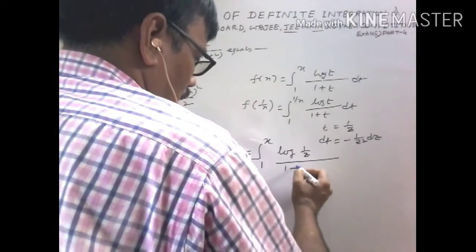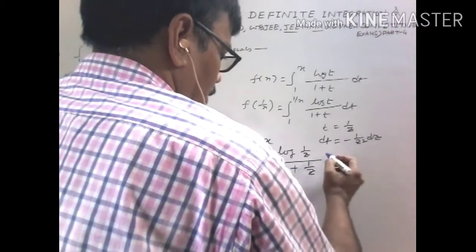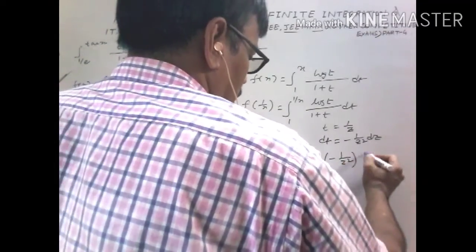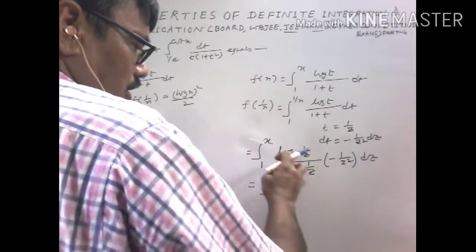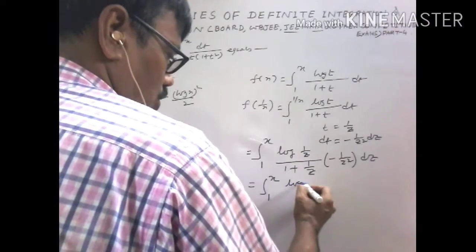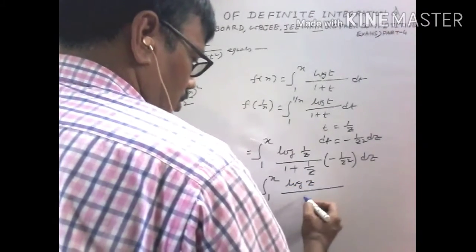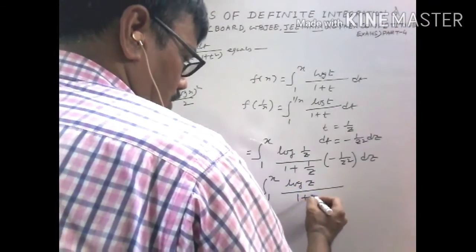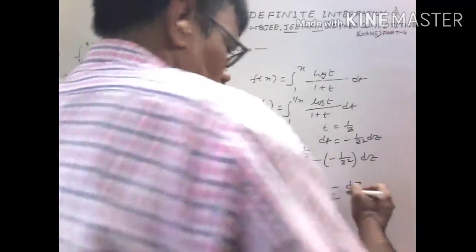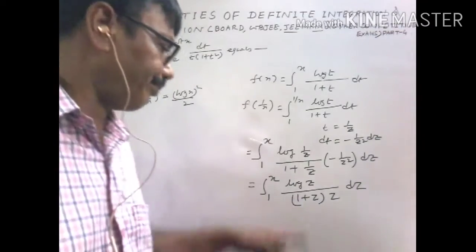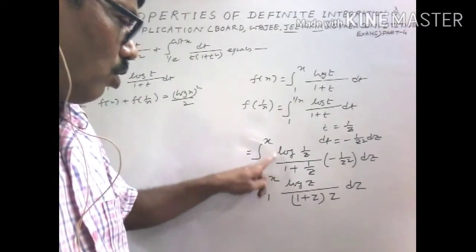Log 1 by z, 1 plus 1 by z, and this is minus 1 by z square dz. Now this is 1 to x. This is log 1 minus log z. Log 1 is 0, and 1 plus z into z dz. Omitting one step. So look, log 1 minus log z.